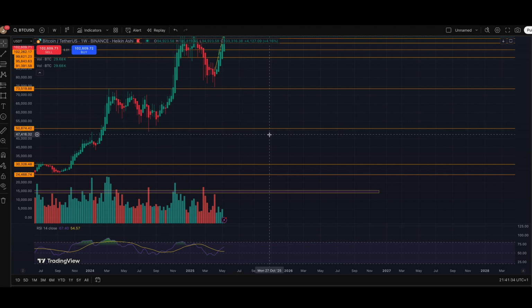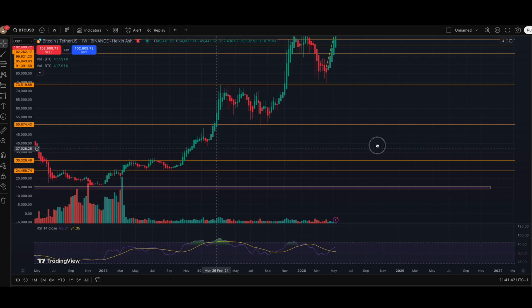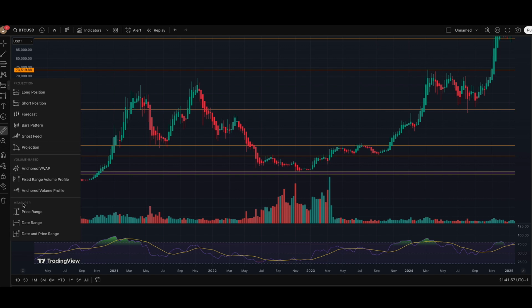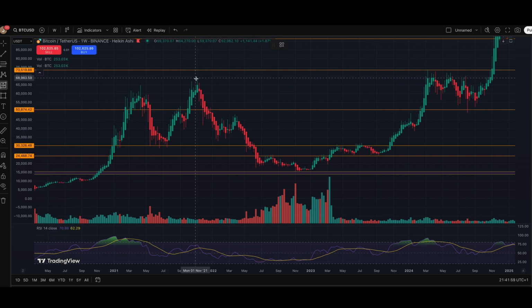If for any reason it breaks below that and starts to retest and can't get above, then anything's possible. We had this previous all-time high, which was 68 or so, and then it went down to 15. Let's measure this quickly and check what that actually is in percent.